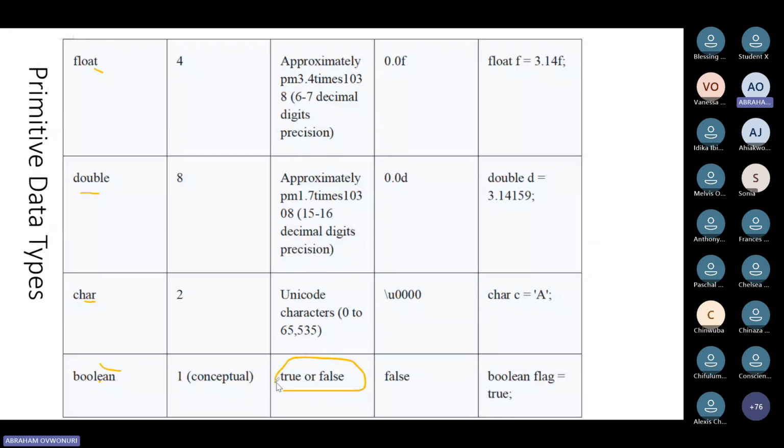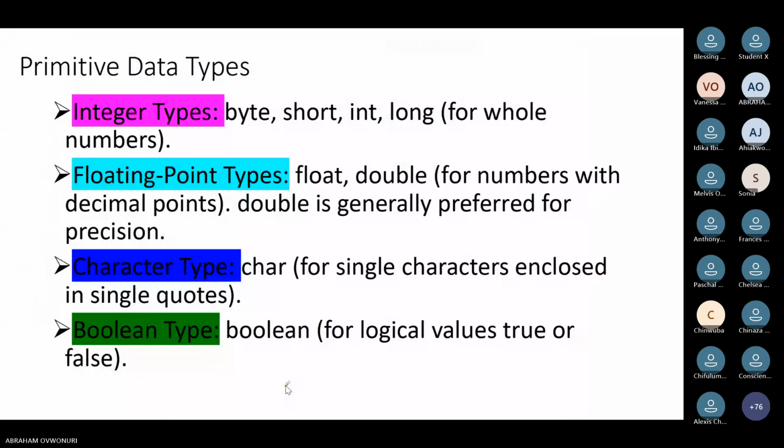That is for whole numbers. While the floating point types are float and double for numbers with decimal points. Double is generally preferred for precision. Then the character type is char, boolean type is boolean.